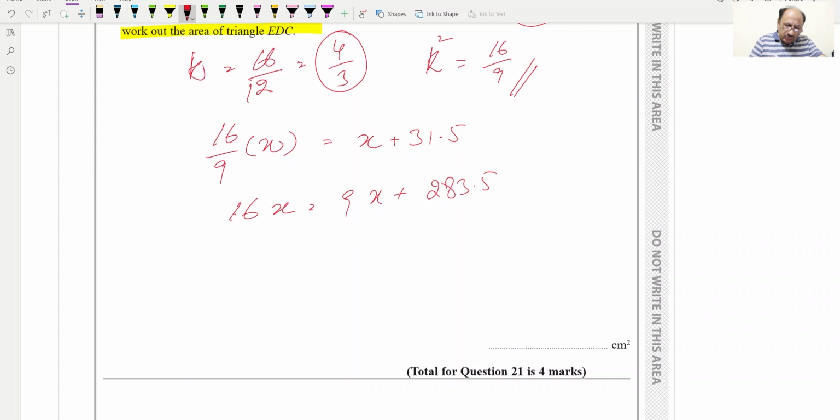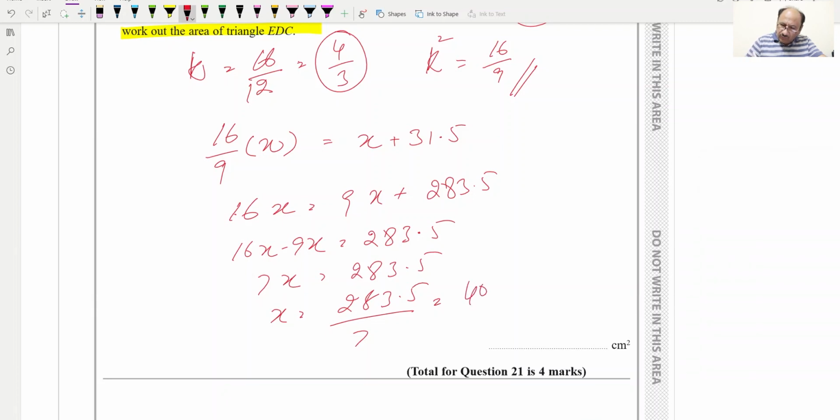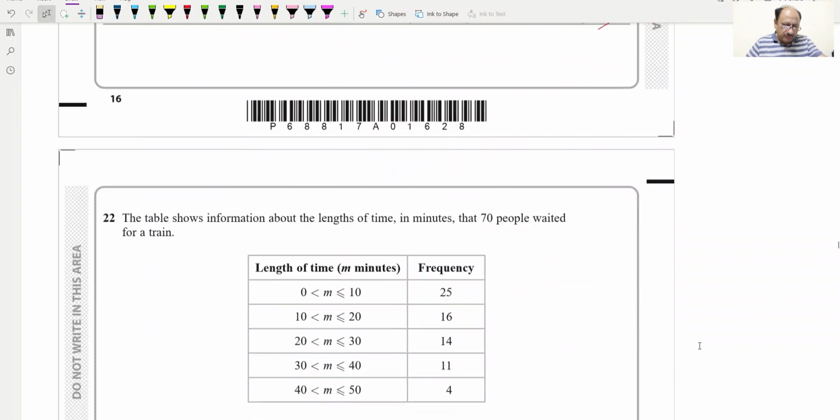We can shift 9x to this side, so 16x minus 9x is equal to 283.5, and 16 minus 9 will be 7x is equal to 283.5. So x will be equal to 283.5 over 7, and 283.5 divided by 7 will be equal to 40.5. So 40.5 is the final answer, which is in centimeters square. So 40.5 centimeters square, and this is a 4-mark question which we have done.